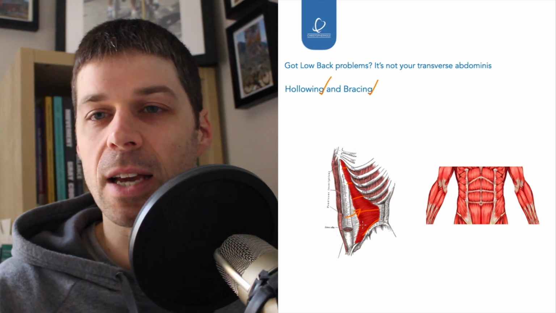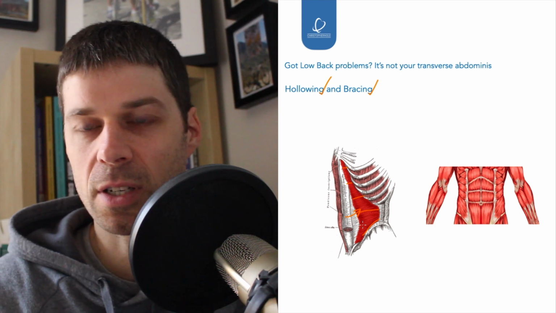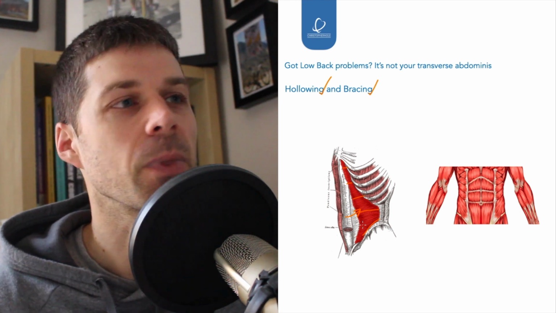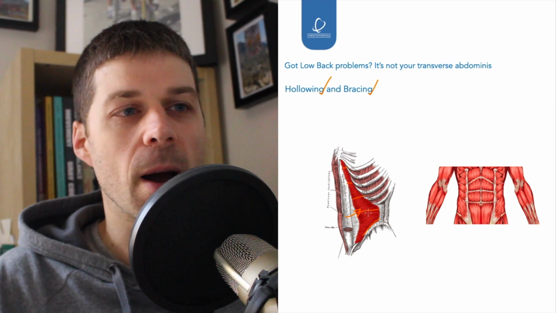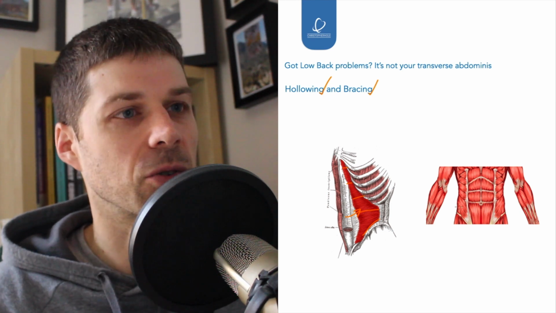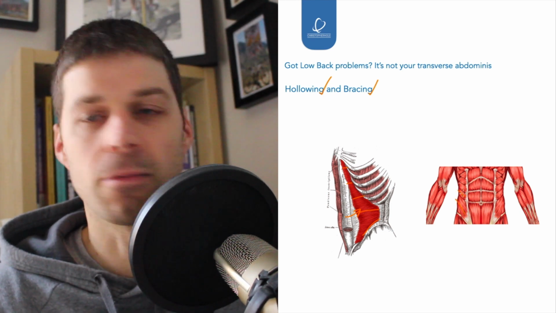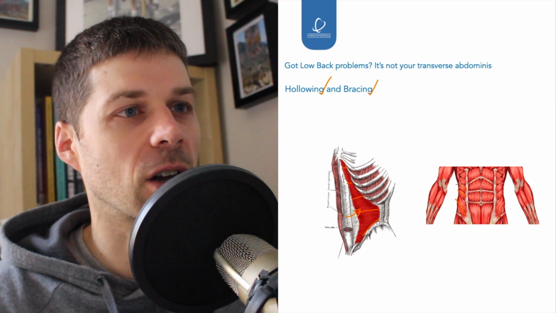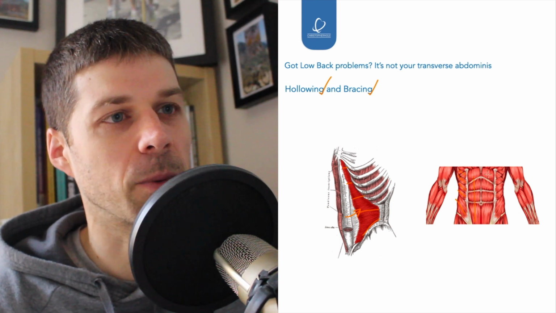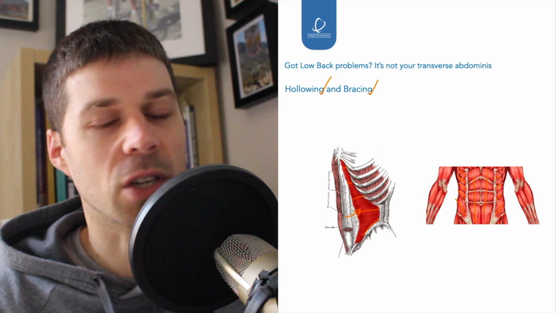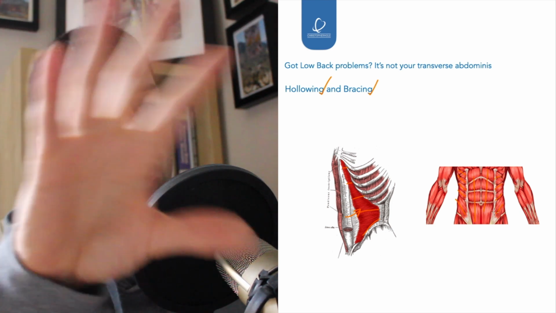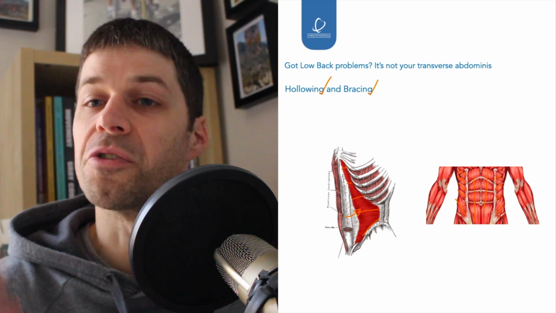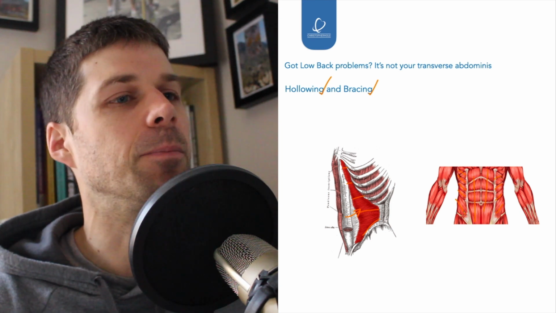Now, if we take what we've spoken about already, the TVA is just one muscle within a greater system. If we are trying to isolate that muscle, then we are missing out on all the other different muscles. You've got internal and external oblique on the side, rectus abdominis coming down the middle, internal and external obliques on the other side, and lats on the back.